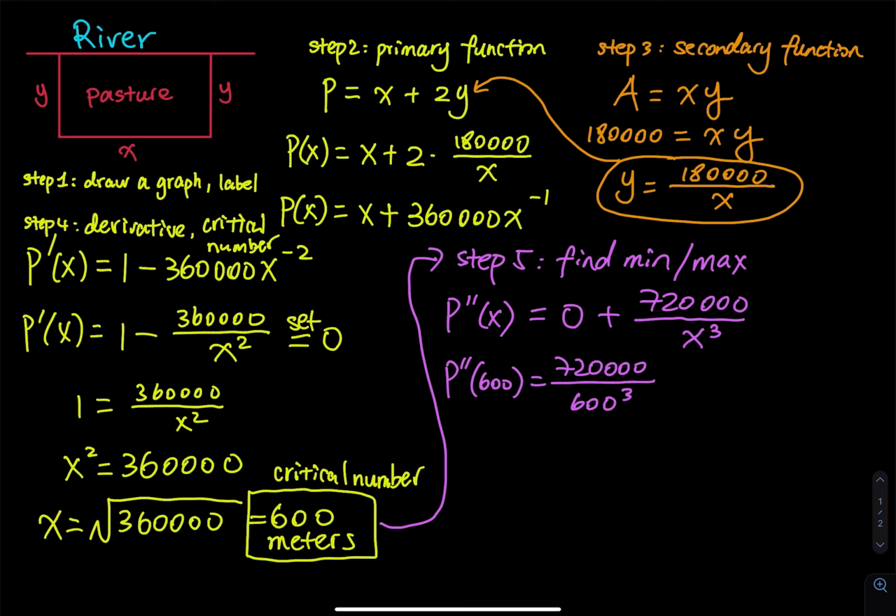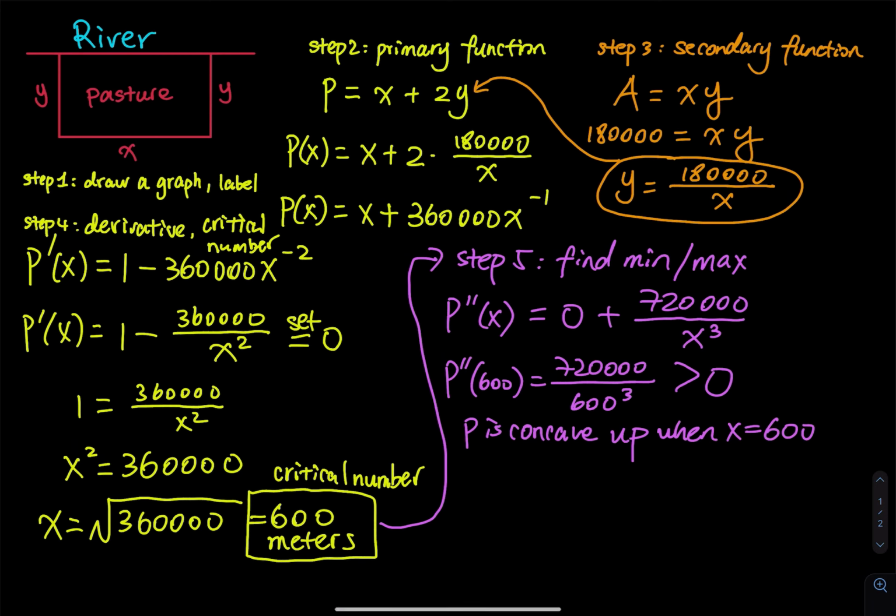All I need to know is that it is positive. So second derivative positive. What does that mean? Second derivative positive means the perimeter function is concave, what? Concave up when x is equal to 600, right? So concave up. So P is concave up when x is equal to 600.